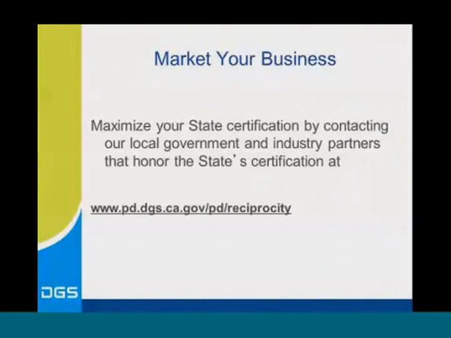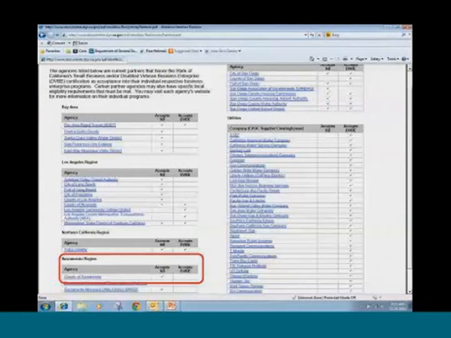The next bulleted item on step 5 is reciprocity. What this means is we have local governments and companies that honor our state certification. When you go to this link, you will see it broken out into the Bay Area, the Los Angeles region, Northern California, Sacramento, San Diego, and the utilities.